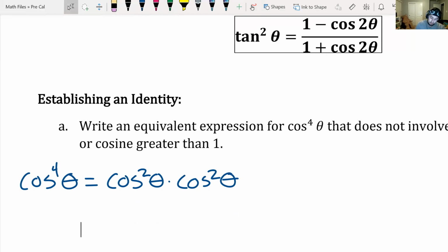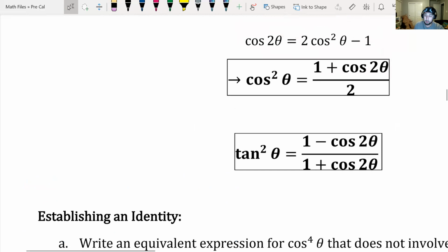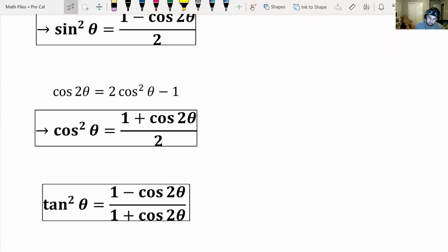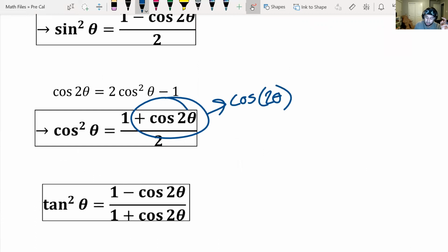Okay, so we will now use the new cosine squared formula we learned above. And the reason I'm using this one is because what is the power of that cosine? That cosine is only to the 1st power. If I rewrote this, it would be cosine 2 theta, where this cosine is to the power of 1. And our goal is to break cosine to the 4th theta into smaller powers of 1, nothing larger.